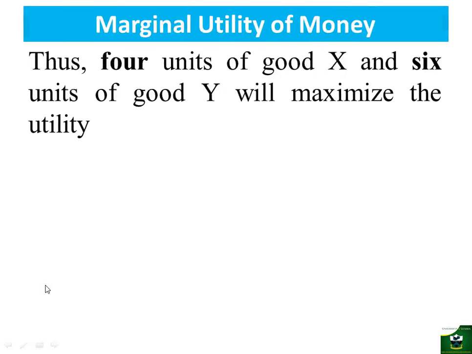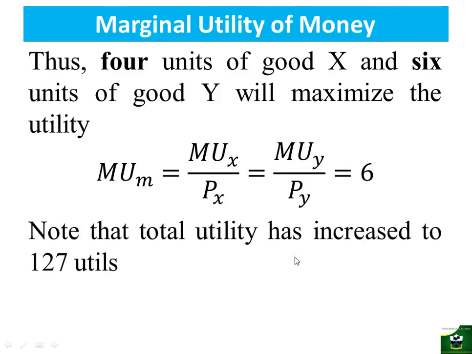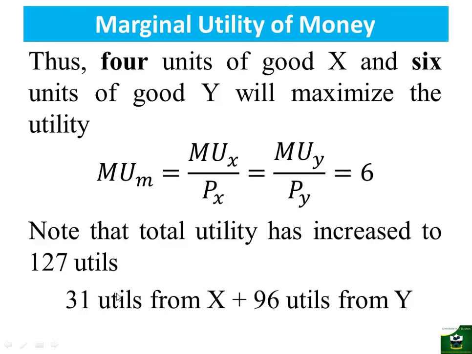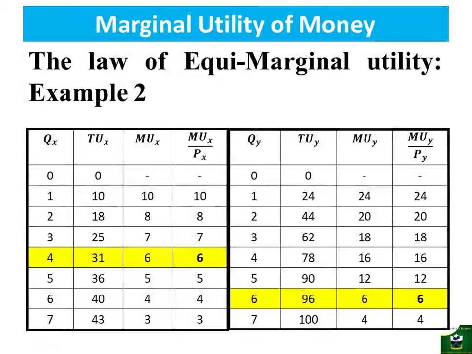Let's do the analysis on this page. So thus 4 units of good X and 6 units of good Y will maximize the utility. Why? Because the marginal utility to price ratios are equal at the level of 6. Note that total utility has increased to 127 utils because we have 31 utils from X and 96 utils from Y. So we can confirm that those are the values.